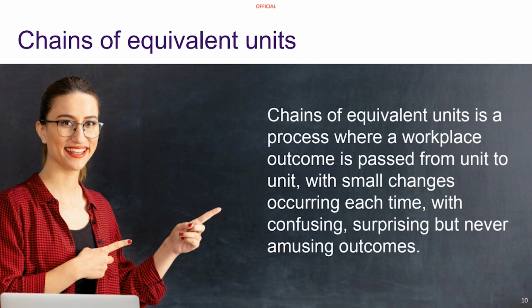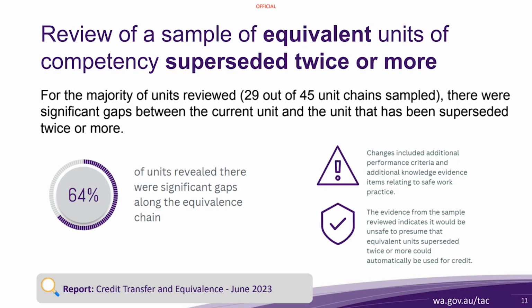So we looked at all 55 or 54 training packages. There were 45 training packages where units of competency were chained. By that I mean there were equivalences of equivalences of equivalences. Sometimes those equivalence chains were only 2 or 3 units long, sometimes as long as 4 or 5.